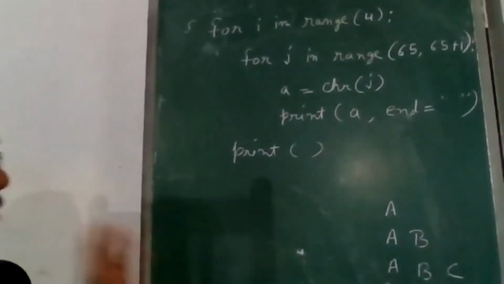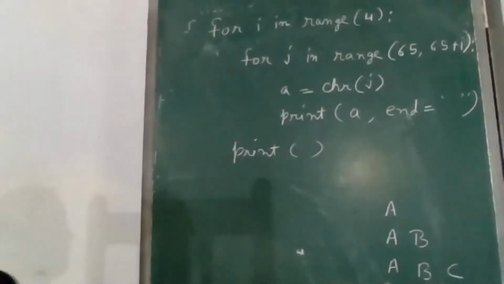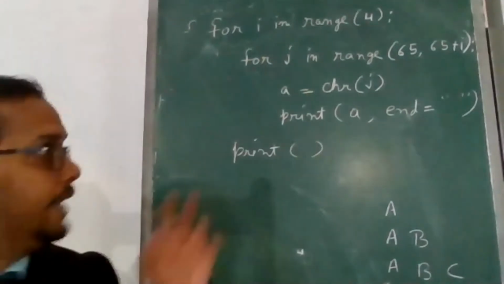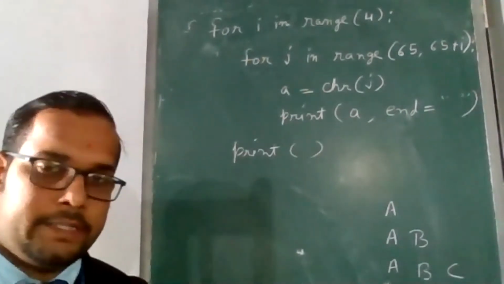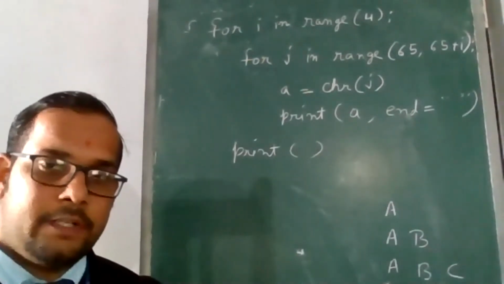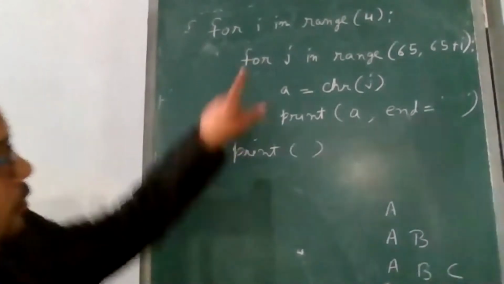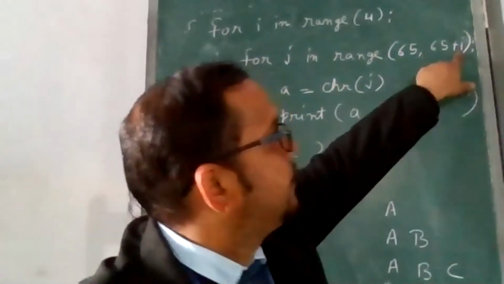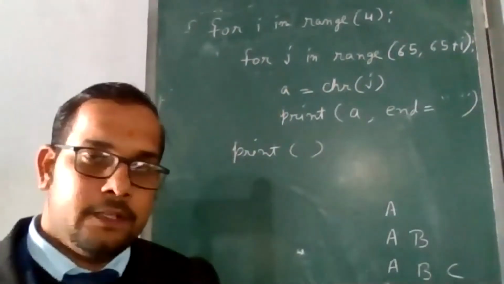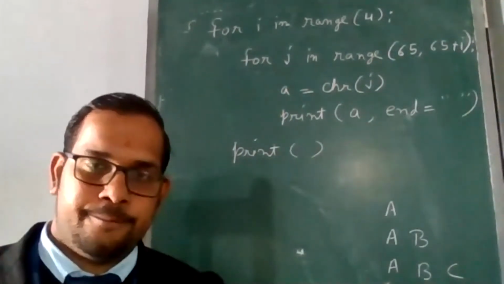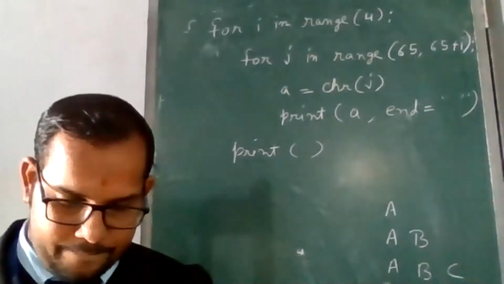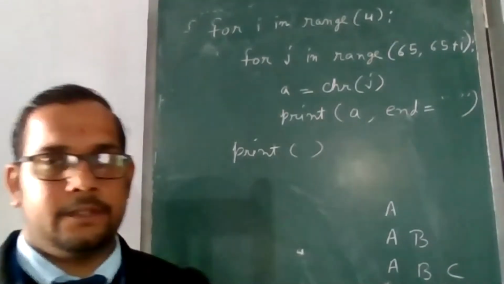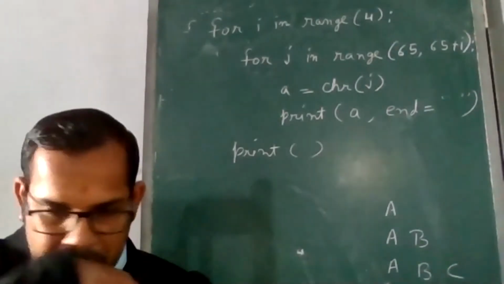This program is wrong. Why is it wrong? For i in range 4. So the first time, what is the value of i? 0. Look at this, for j in range 65 plus 0, that means 65 comma 65. Will 65 to 65 work or not?